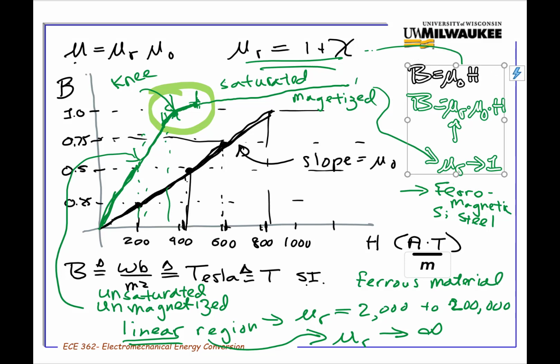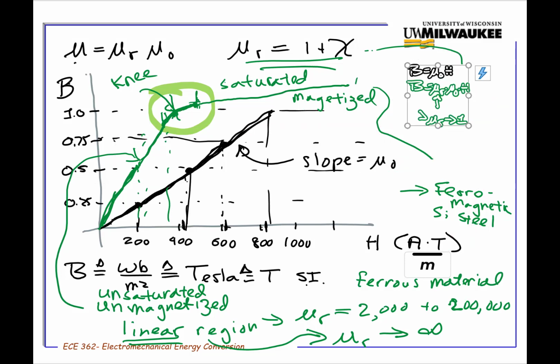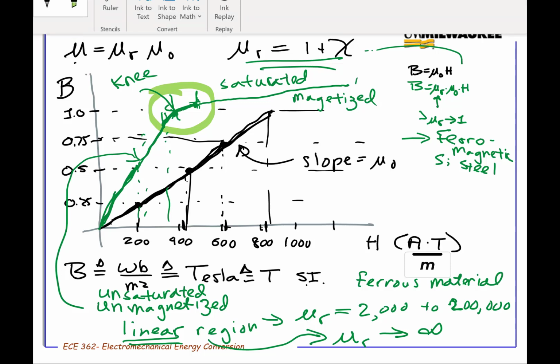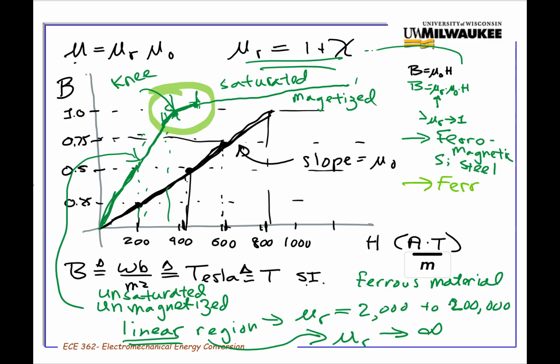And let me shrink these down a little bit here. If I had what's called a ferrimagnetic material, I'll use a different color for that. Ferrimagnetic. A very good example of a ferrimagnetic material is a ferrite. We'll go into what these differences are, but this is typically a powdered iron that's compressed.